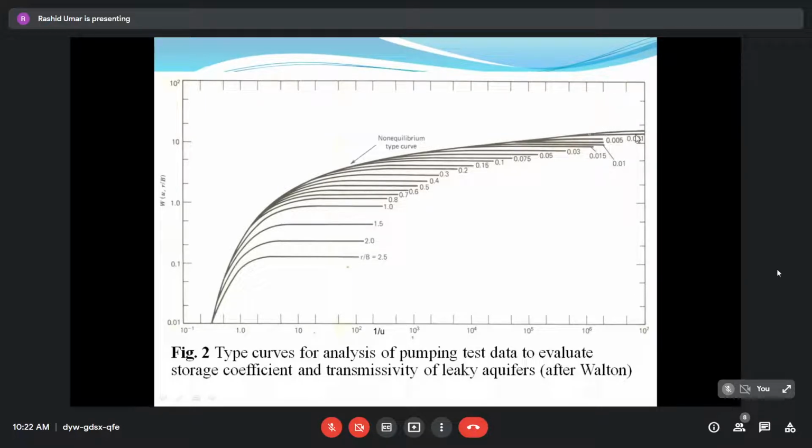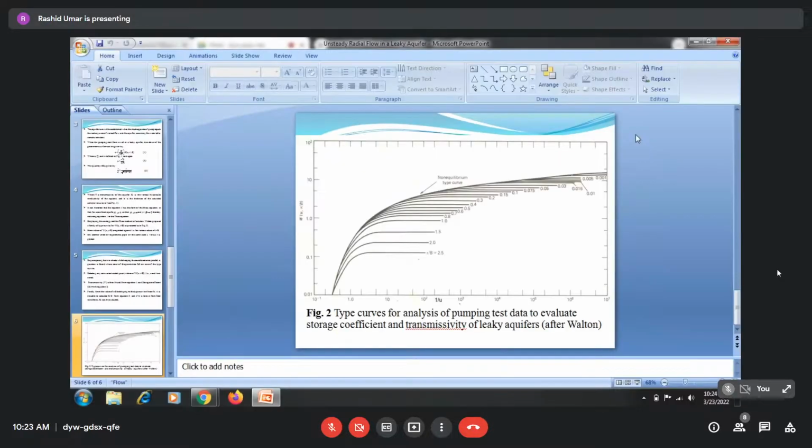Now what do you have to do? What kind of practice do you have to adopt for solving the pumping test data for semi-confined or leaky aquifer? We will conduct the pumping test in the same manner as for any aquifer.